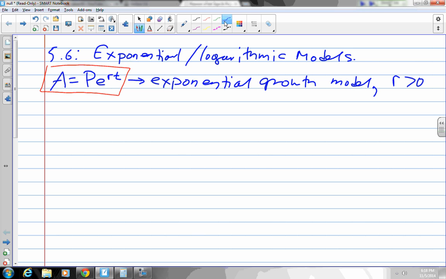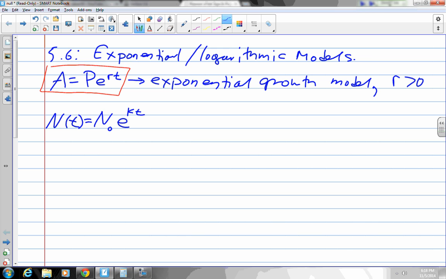Your book will probably call this formula N of t equals N naught e to the kt, where again, N of t is the amount or number at time t, N naught is the initial amount, k is the rate. But in essence, that's the PERT formula, only relabeled differently.